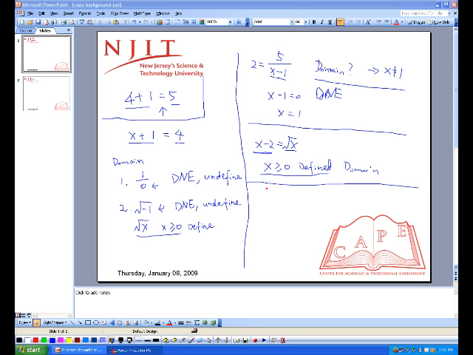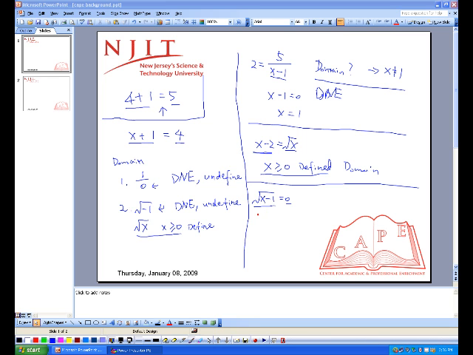And one last example would be square root of x minus 1 is equal to 0. When we encounter an expression like this, we look at the right side. 0 is always defined. What about square root of x minus 1? Well, we know that a square root expression is defined when the inside is greater than or equal to 0.